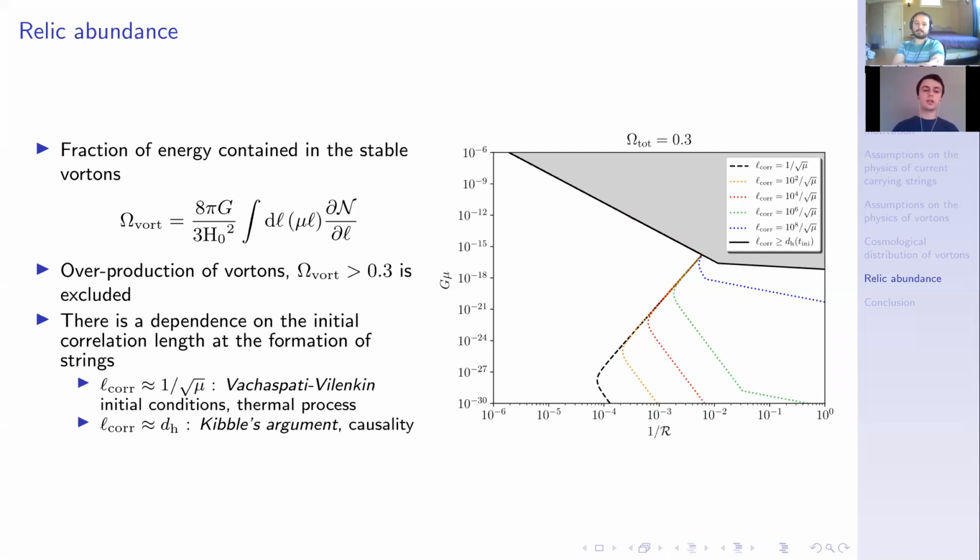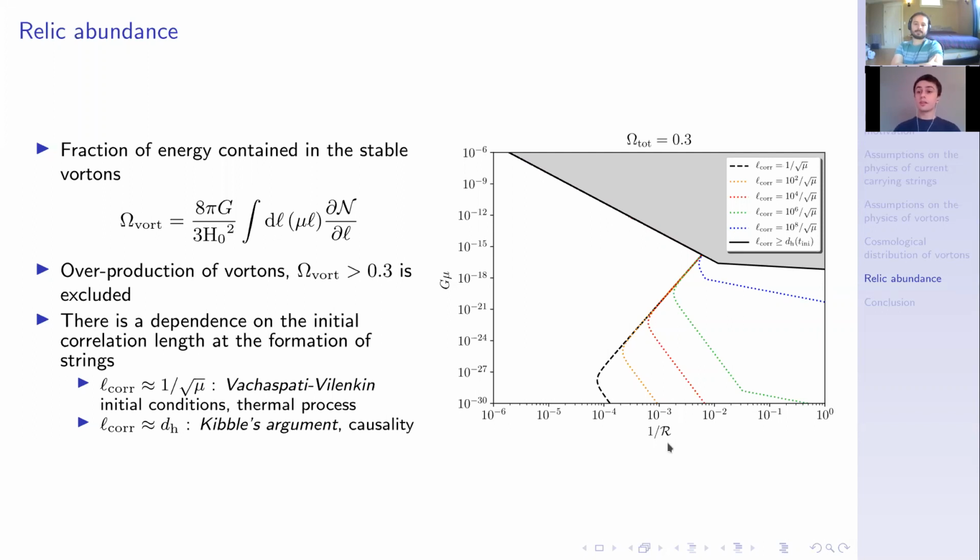And you have a wide range of possibilities for this correlation length. You can either say that it's set via a thermal process. This is the Vachaspati-Vilenkin initial conditions, in which you have a dependence here on the mass per unit length, mu. And in this case, it draws the line which is dashed black here. And in this case, you basically exclude all of this region here. So values of G mu down to 10 to the minus 30, with quite a huge separation between the energy scales.